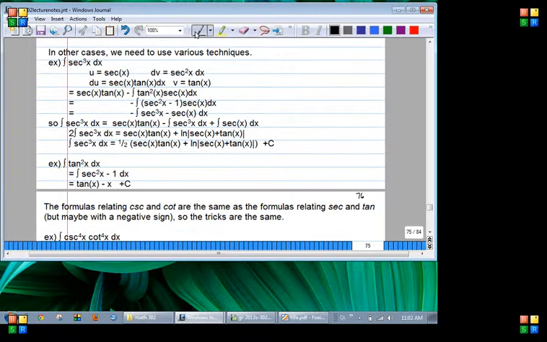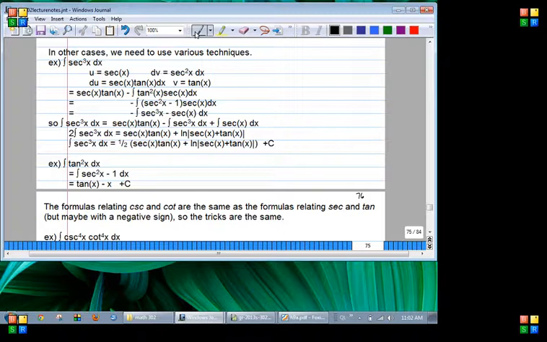So for example, the integral of cosecant to the fourth, cotangent to the fourth. Which function is like which function? Cosecant is like secant, and cotangent will be playing the role of tangent. So what do we have that we like?